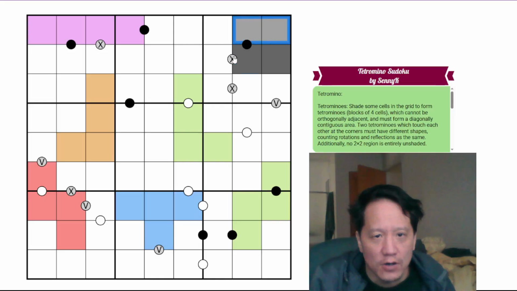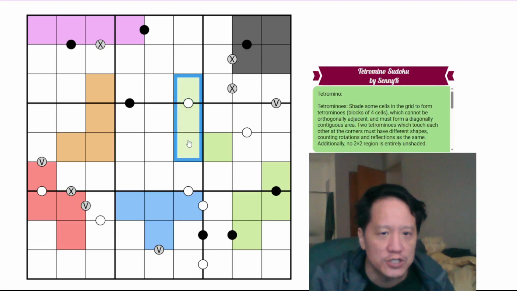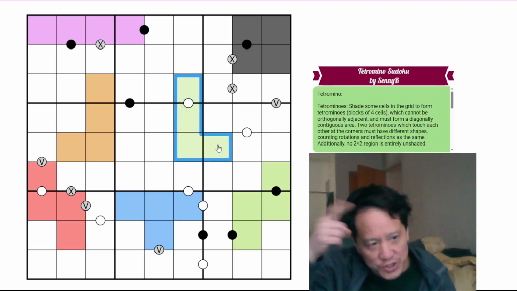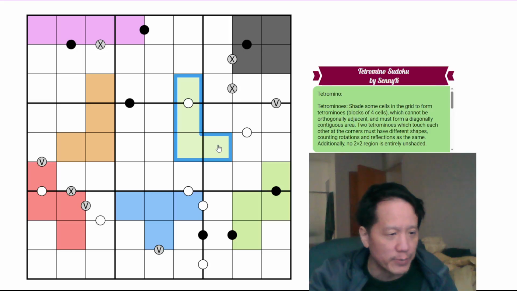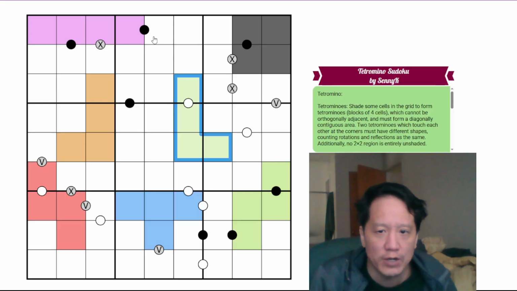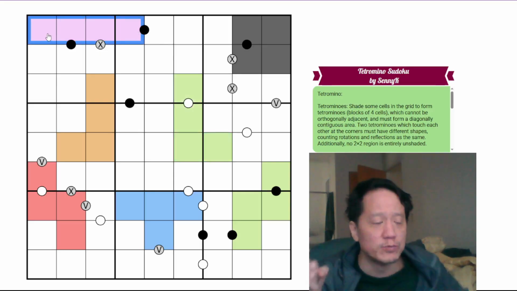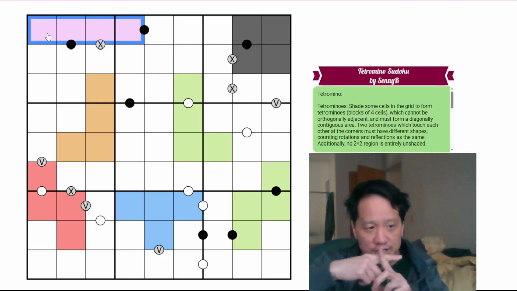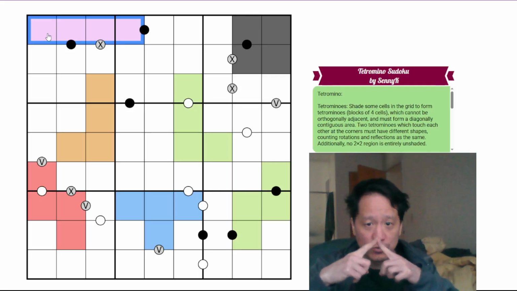So that means all the shadings in the cell must be touching at least one other tetromino by a corner. That's what it means to be diagonally contiguous, I guess. Also, two tetrominos which touch each other at the corners. Remember, they can't touch each other by the edges, but they can touch by corners.